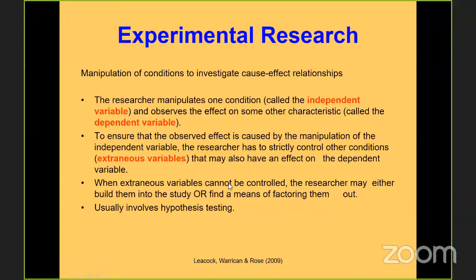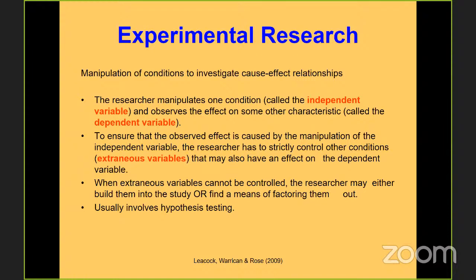Does anybody know what I mean by controlling for extraneous variables? Remember, in experimental research, you have what is called an experimental group and a control group. Controlling means that when you assign participants to both groups, you want them to be similar. Let's use my example before about a classroom.